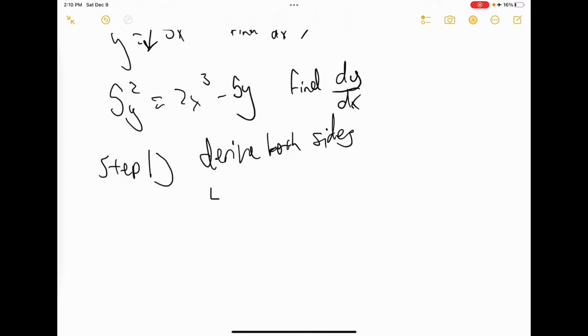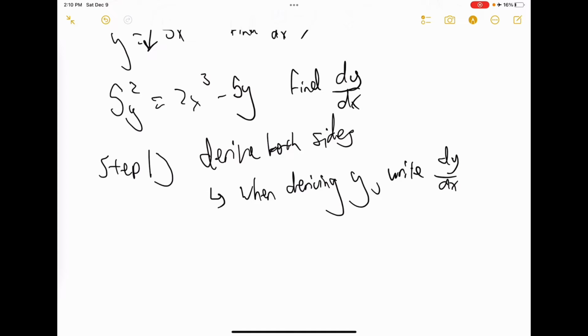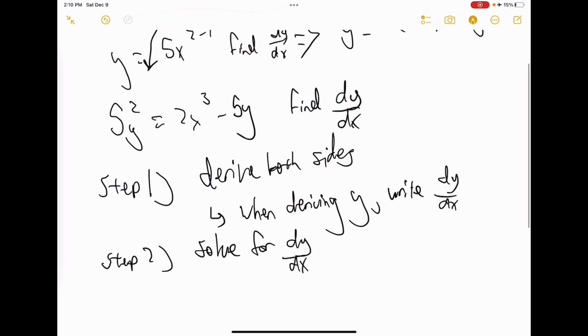However, when deriving y, you have to write dy dx. And then step 2, solve for dy dx. So let's use those steps on this problem.